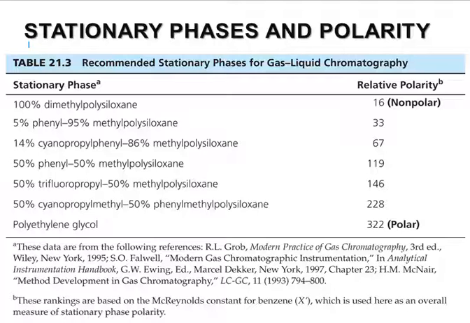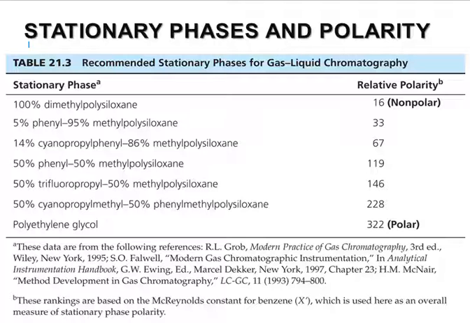So very often in a laboratory, we either have this 100% or this 5% phenyl blend, when it comes to the stationary phase of my column. These things allow me to separate things based on boiling point and just strictly boiling point. The ones with lower boiling points come off first, the ones with higher boiling points come off last.